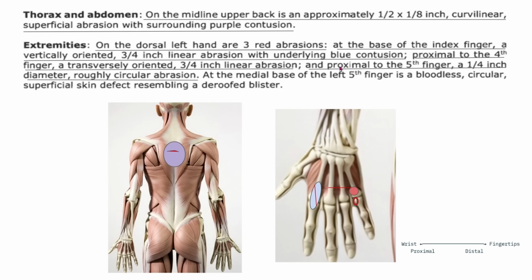Then, proximal to the 5th finger, a 1/4 inch diameter, roughly circular abrasion right here on her knuckle. And then there is a 3/4 inch linear abrasion in between the two right here. And then she had something on her pinky knuckle that looked like a de-roofed blister.